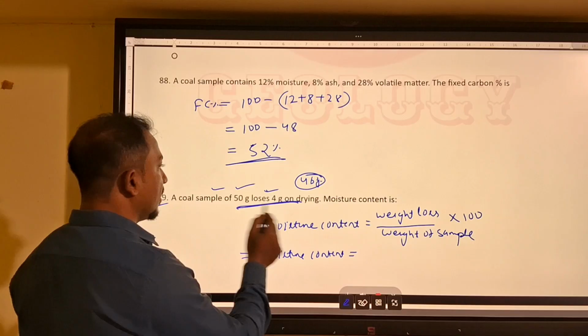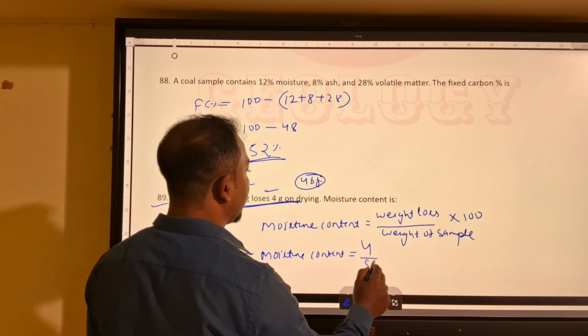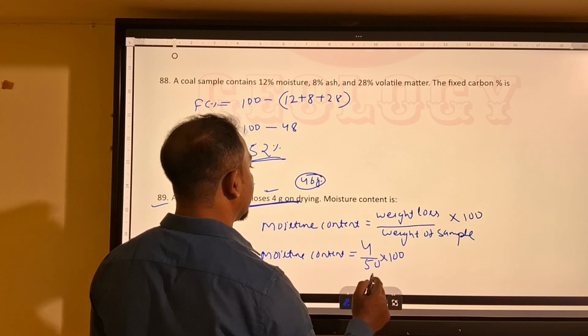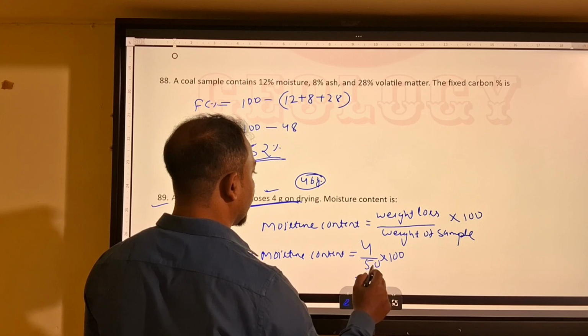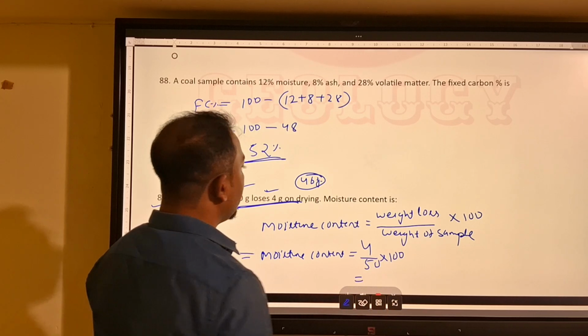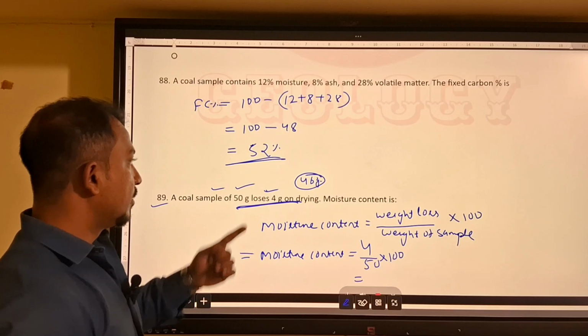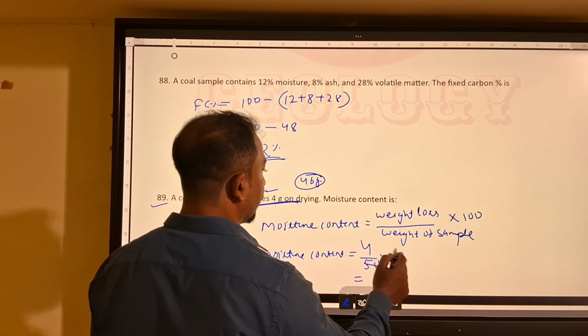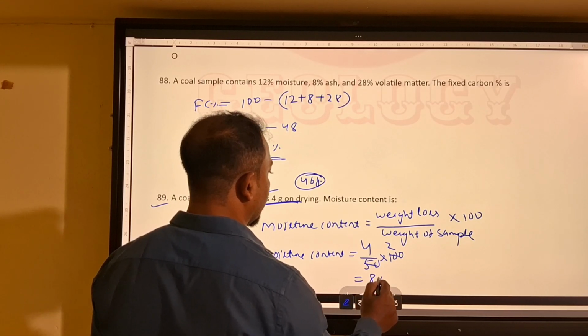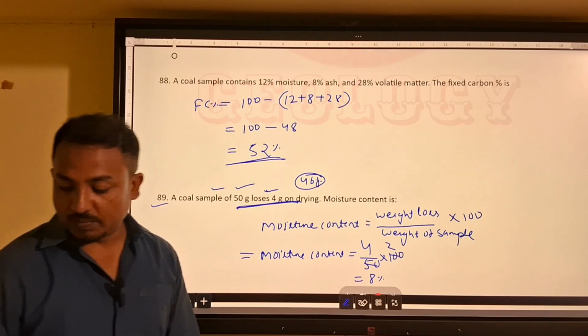In this question, weight loss is 4 by 50 into 100. 4 gram by weight of the sample is 50 gram. So it will be 8%. It will be 8%.